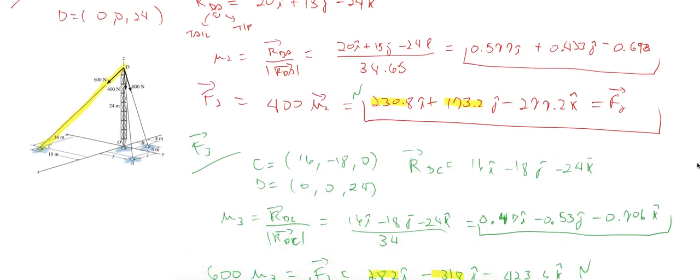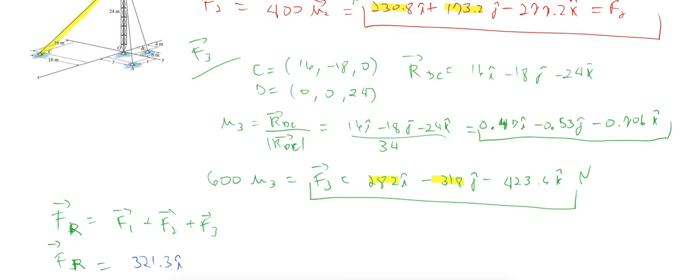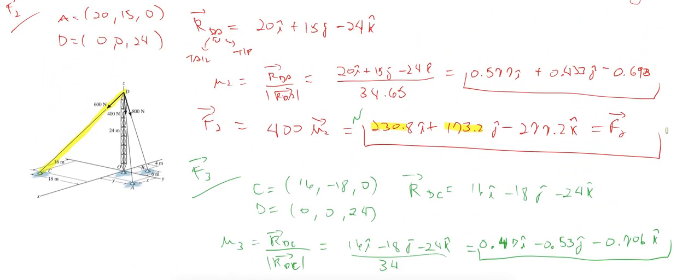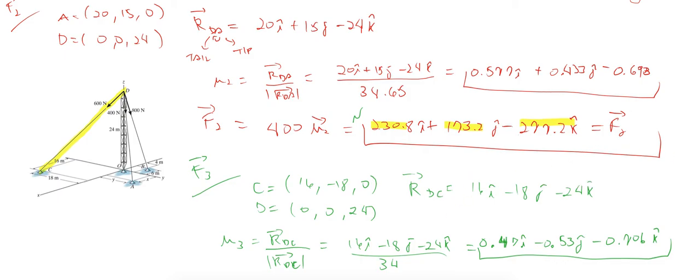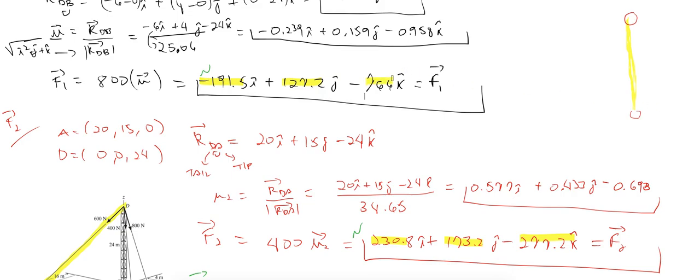Negative 17.6. And then the K's now. Minus 423.6, minus 277.2, and then minus 766. Wow, that's going to be a big number.